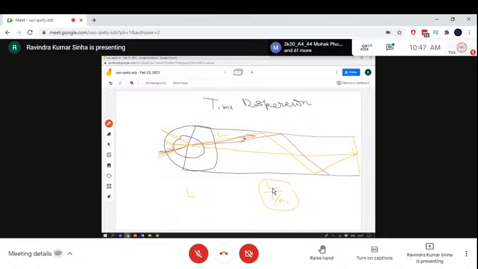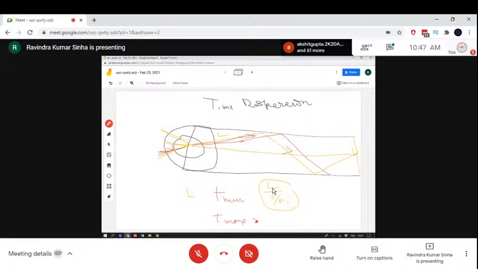Maximum time taken for traveling the L length, that I will be calculating. That is the T minimum. And then I will be calculating T maximum.